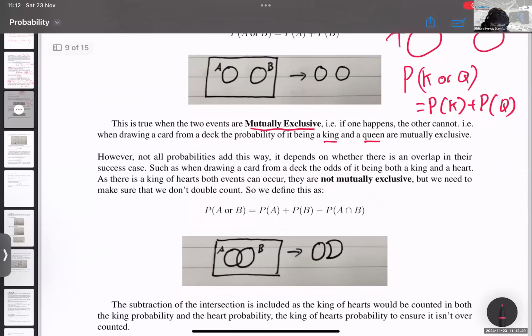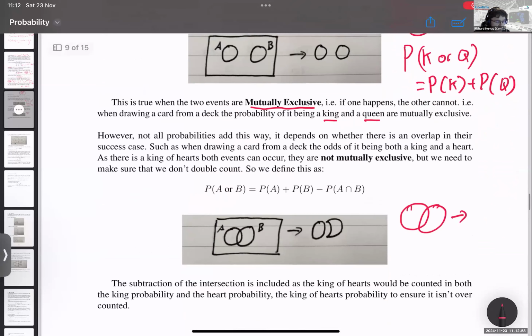So if we have the option where there is an overlap in our sets, so A and B, when we are trying to find the total ways that this can occur, we need to make sure that we're not double counting, the same way that when we were doing our combinations and permutations, we wanted to be careful about double counting.